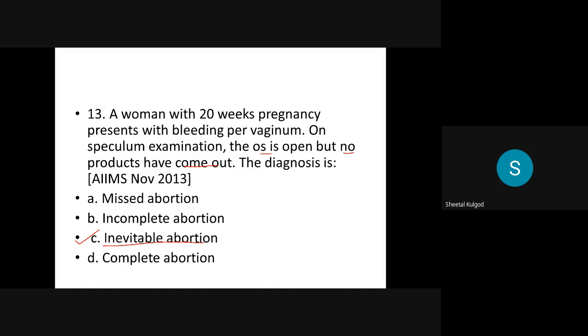What was the definition of inevitable abortion? It is a process where the abortion has proceeded to the stage where we cannot revert it back. So when the os is open, we cannot revert it back, and the process of abortion has to be expedited and the products expelled or assisted to be expelled. So it's clear with you all.